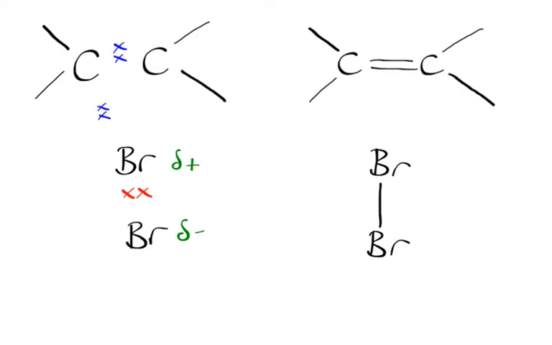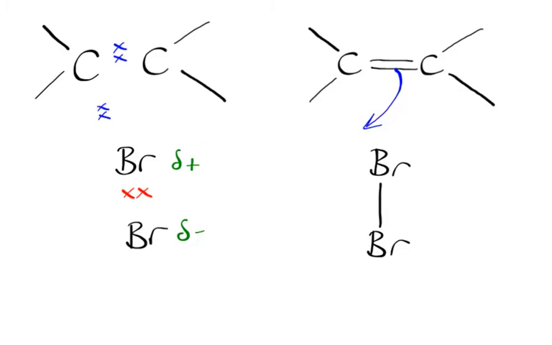I'll illustrate this with a curly arrow. So the curly arrow starts in the centre of one of the bonds, and those electrons are ending up between the carbon and the bromine. So you'll sometimes see those drawn a little bit closer to the bromine like so.